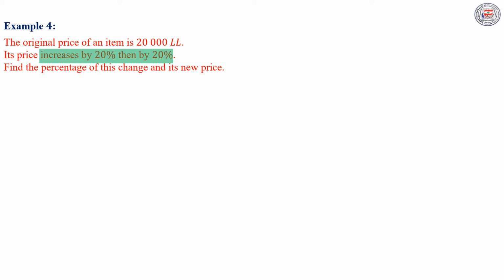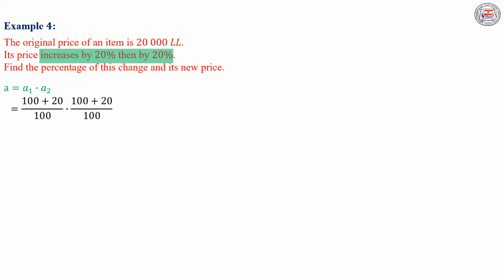Here also we have two successive changes, an increase by 20%, then another increase by 20%. To find the percentage of this change, we have to find A, and since we have two successive changes, then we use the formula for A, which is equal to A1 times A2.